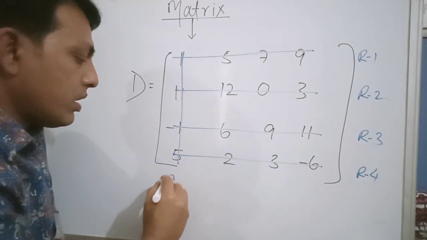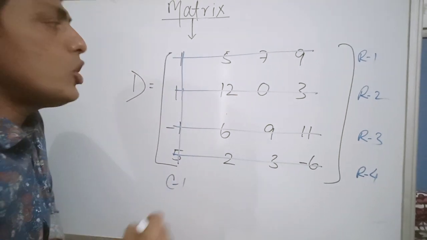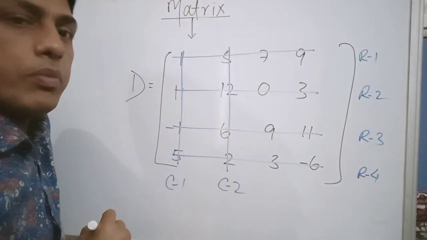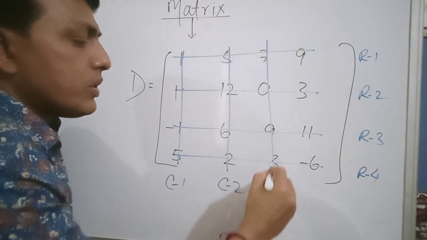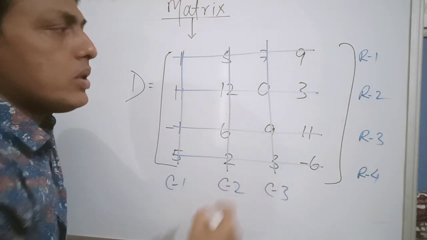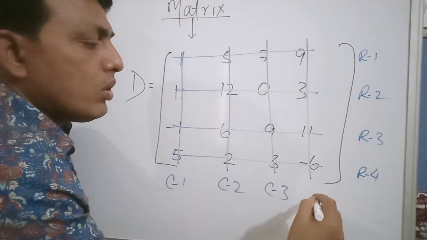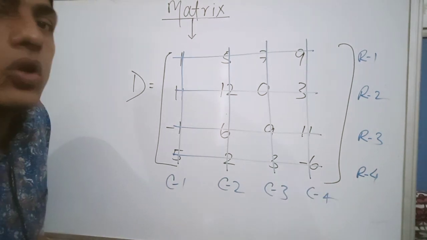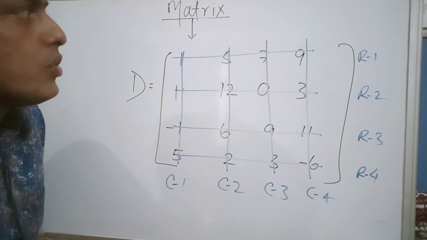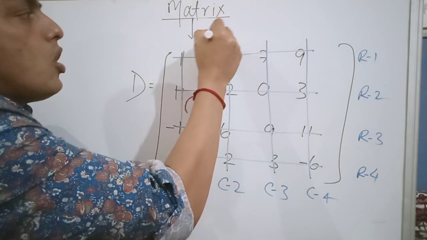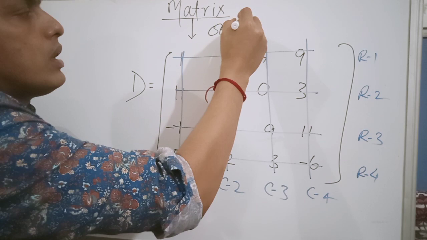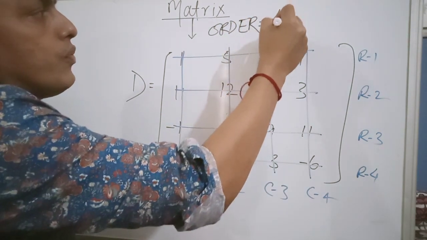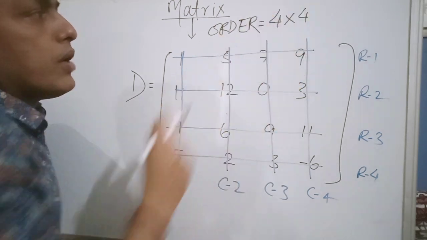Vertical line number 1, so column number 1. Vertical line number 2, column number 2. Vertical line number 3, column number 3. Vertical line number 4, column number 4. So 4 rows, 4 columns. So order is 4 rows by 4 columns.